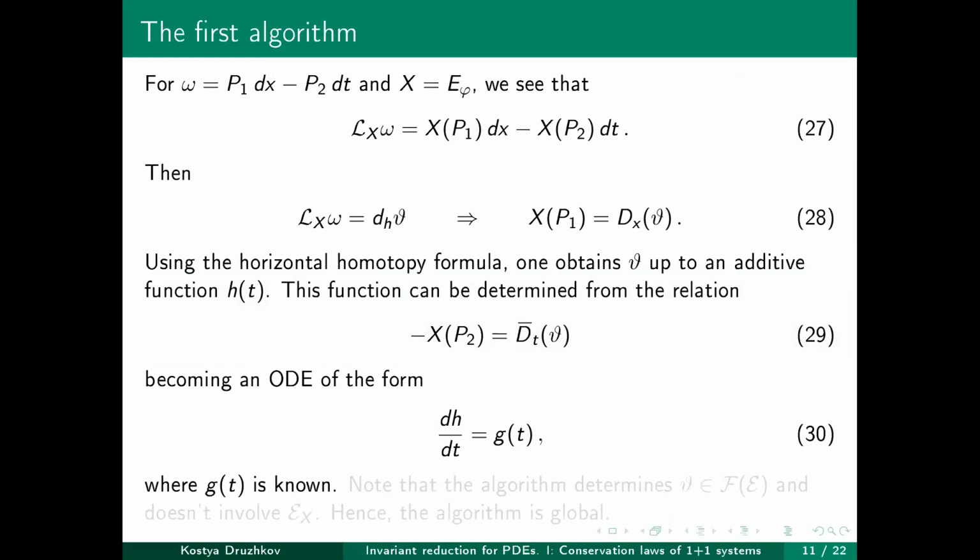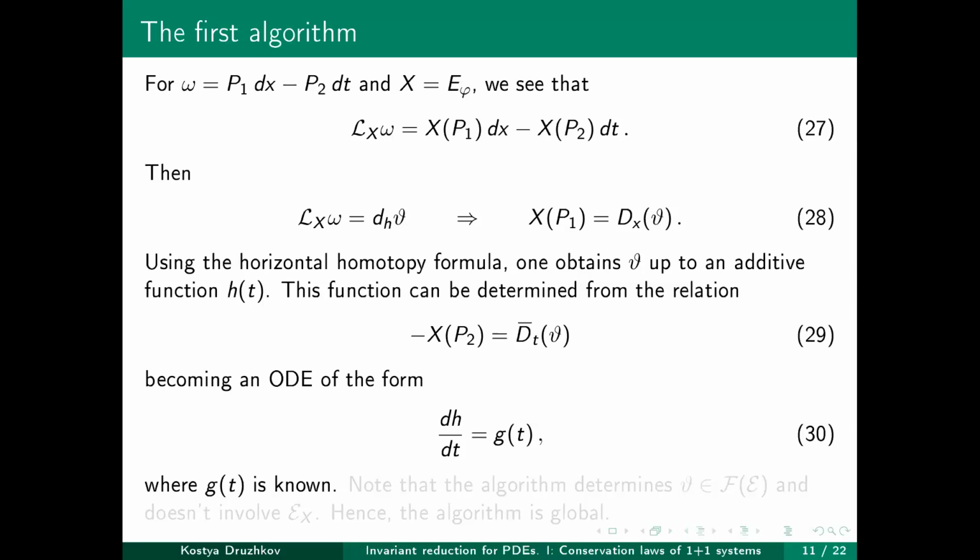If we have a representative of a conservation law and a symmetry X such that the conservation law is X-invariant, then the derivative of this representative boils down to a combination of derivatives of components of the form omega.